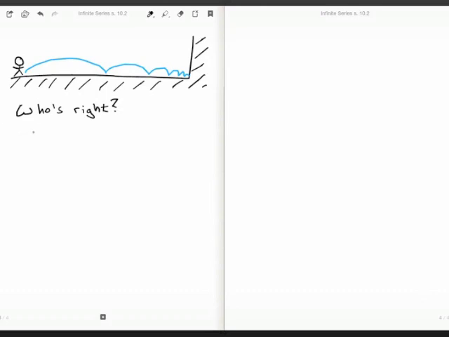We know that this is going to be the sum from n equals, let's say, 1 to infinity of 1 over 2 to the n. Let's make that a little more 2-like so it doesn't look like a z.